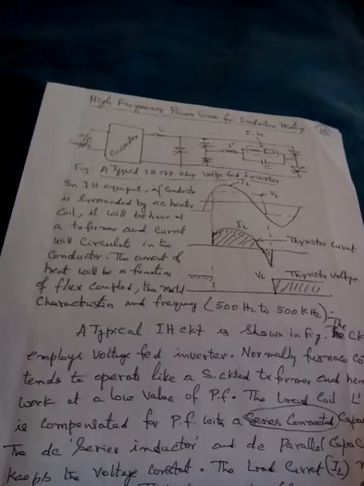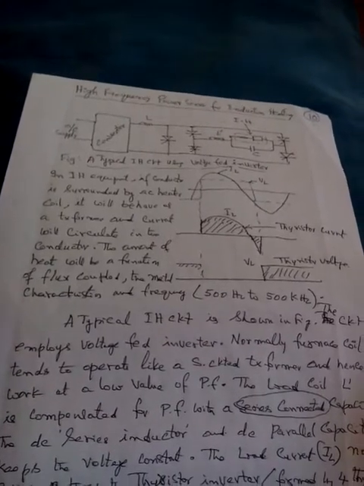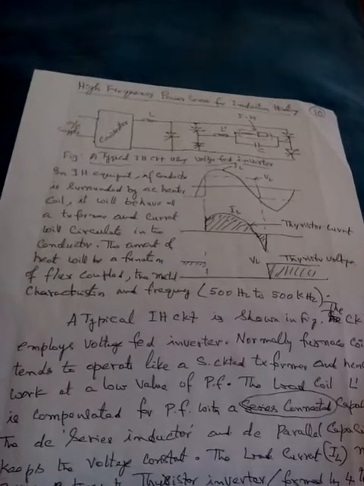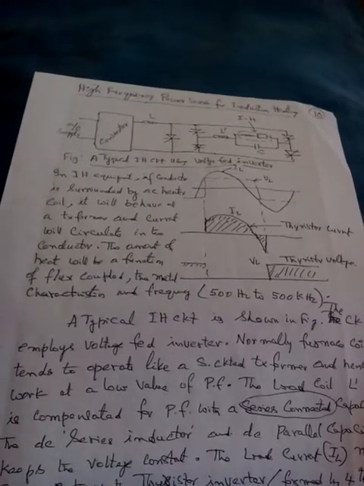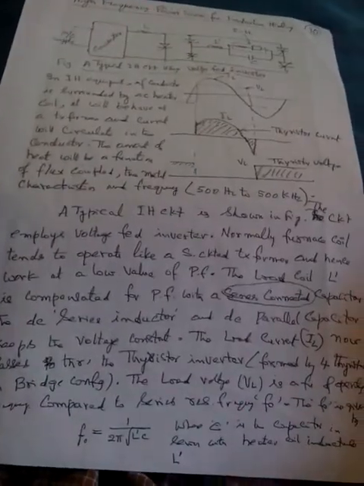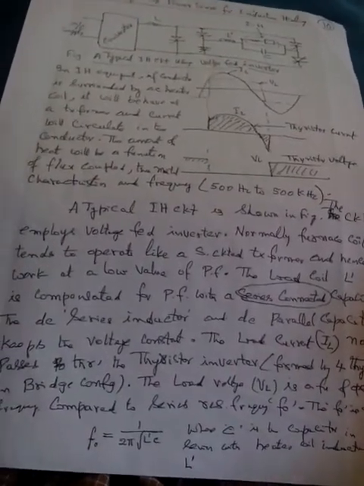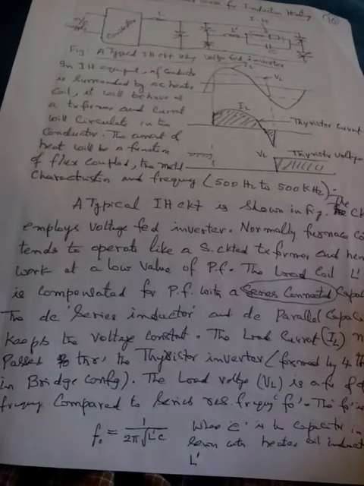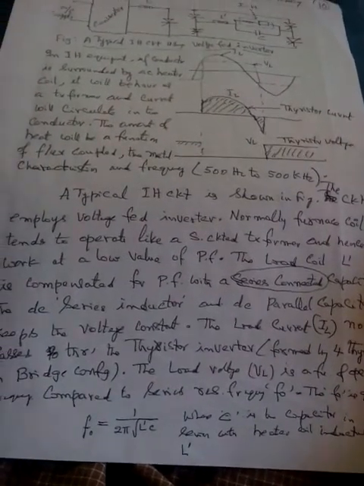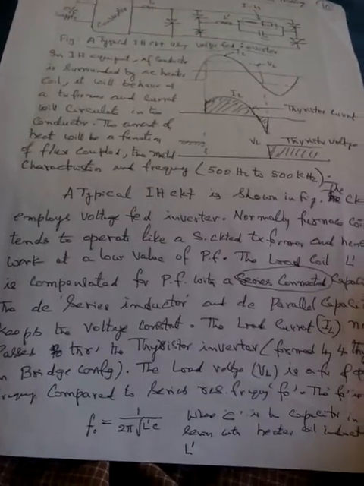The DC series inductor and DC parallel capacitor keep the voltage constant. The load current IL now passes through the thyristor inverter formed by the 4 thyristors in a bridge configuration.